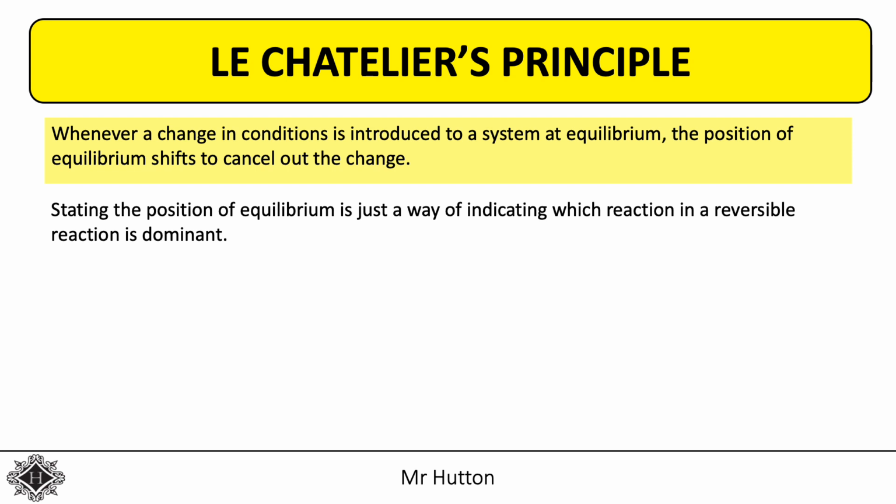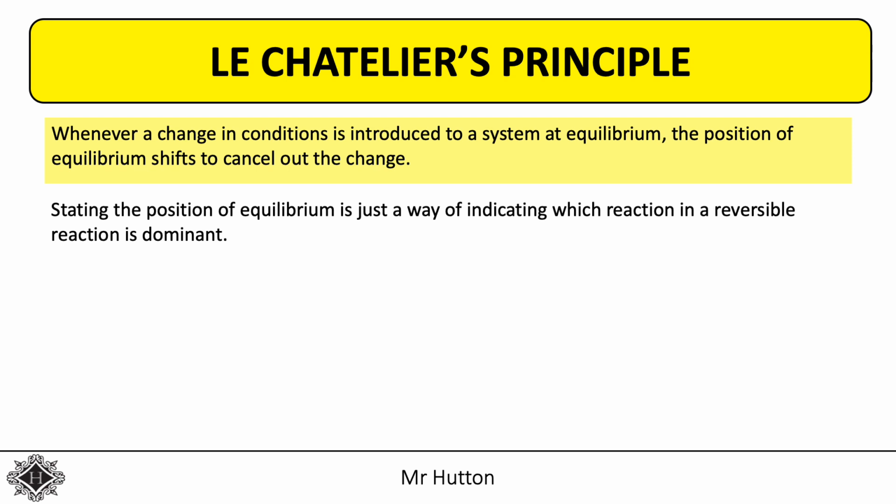So Le Chatelier says that whenever a change in conditions is introduced to a system at equilibrium, so when the rate of our forward and backward reaction is the same, the position of equilibrium shifts to cancel out the change.